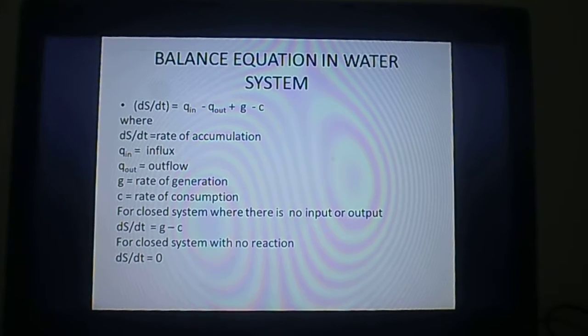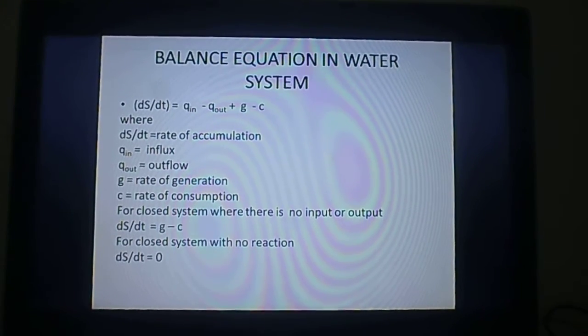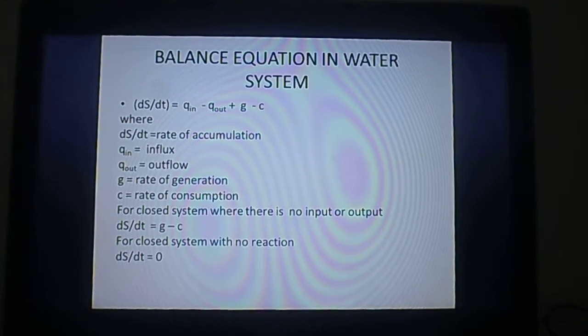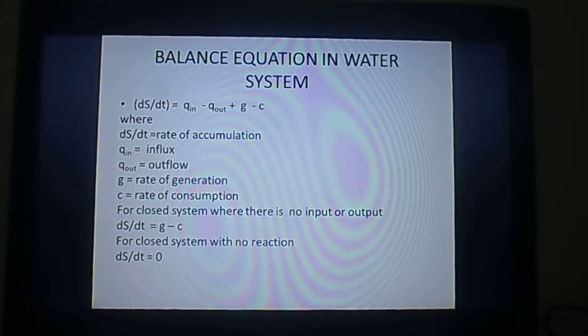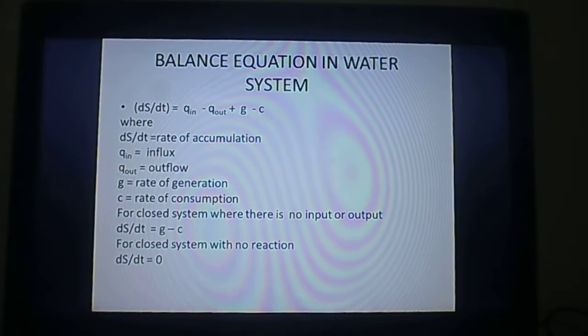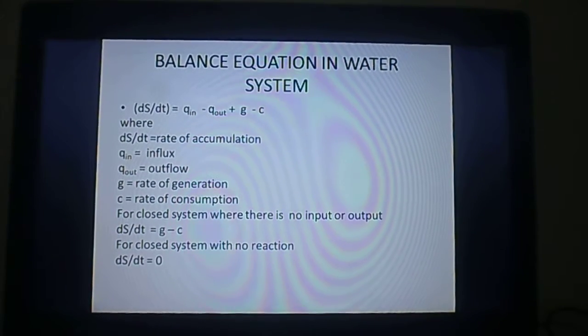In a water ecosystem, a material balance exists. A balance equation in the water ecosystem may be expressed as the rate of accumulation equals inflow minus outflow plus the rate of generation minus the rate of consumption.